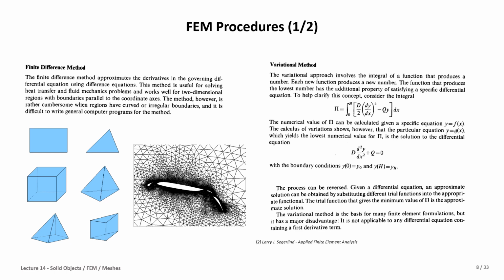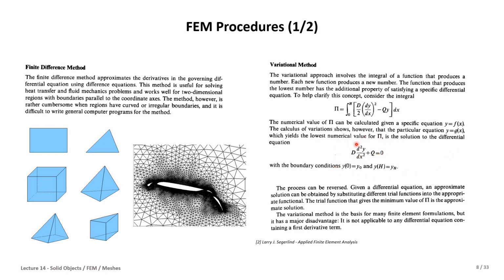As you can see in this slide, we can see this integral, and how the numerical value of this function can be calculated given a specific equation of y equal to f(x). The calculus of variations shows that the particular equation y equal to g(x), which yields the lowest numerical value for the variational function, is the solution to the differential equation.